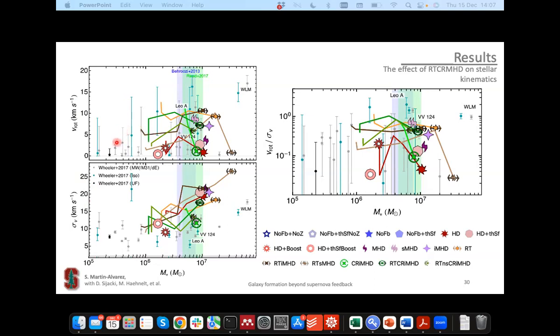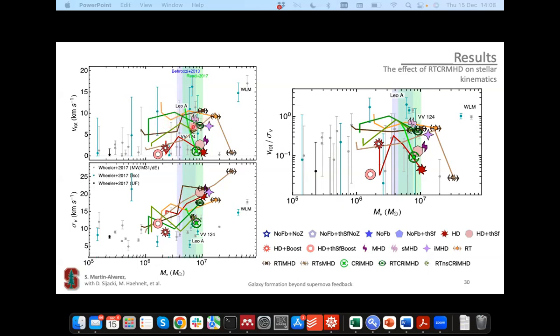We are interested in particular in comparing with the cyan points that you have in the observations, which correspond to isolated systems around us. And you can see that overall, most of our models without radiative transfer have rotational velocities that are quite considerably lower compared with the ones with radiative transfer. Sure, magnetic fields seem to also be sitting up here, but we'll see in a second that that slightly changes in other observations.